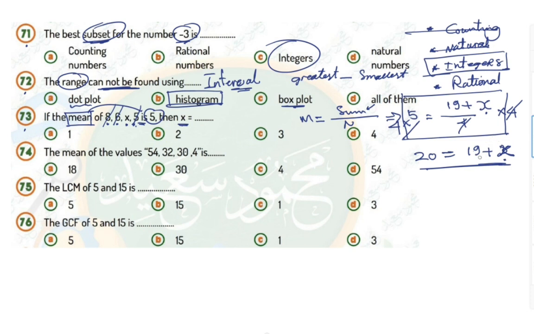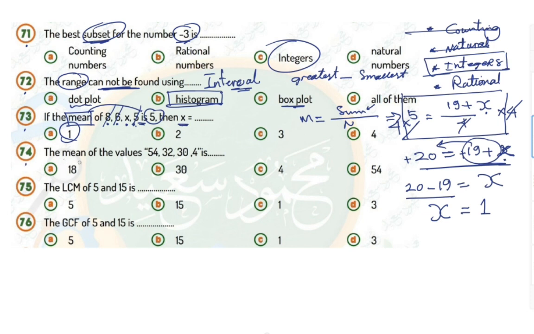What do you do? I will send this positive 19 to the other side to have x alone here. 20 is positive. Write it first, then negative 19 because it was positive. Now I can write x equals 20 minus 19, that equals 1. So 1 is the correct answer.